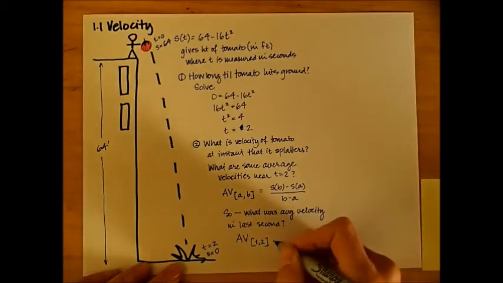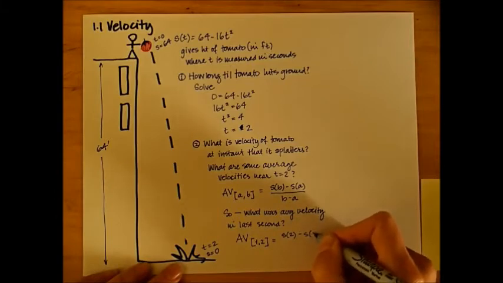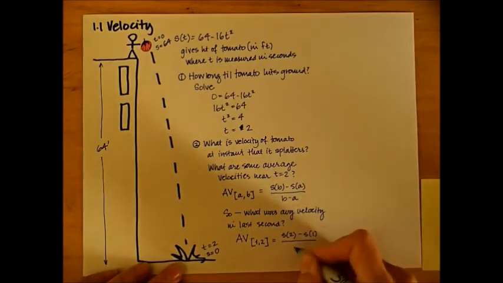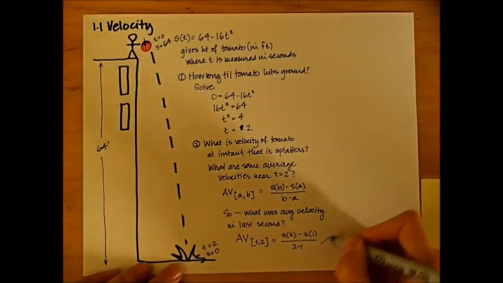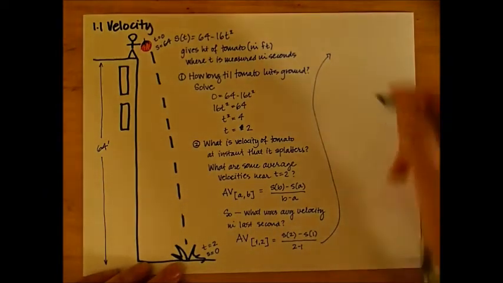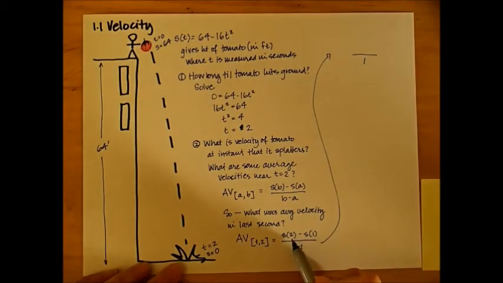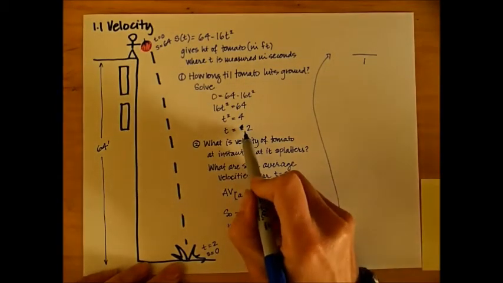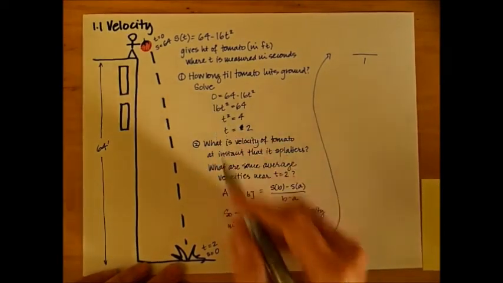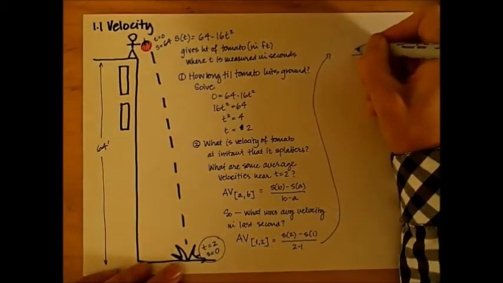So s of 2 minus s of 1 divided by 2 minus 1. The 2 minus 1 part is easy: 2 minus 1 is equal to 1. S of 2, we already know what it is, because when t is equal to 2, s is equal to 0. It's right here. So s of 2 is equal to 0.